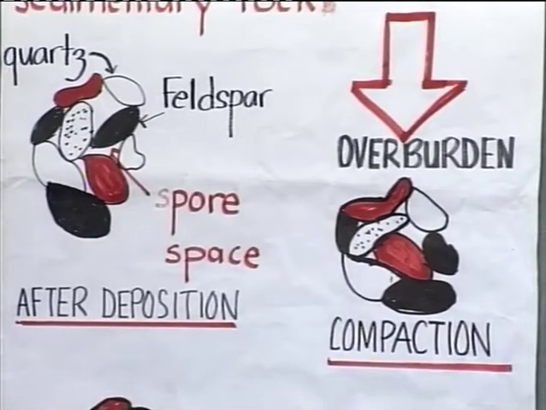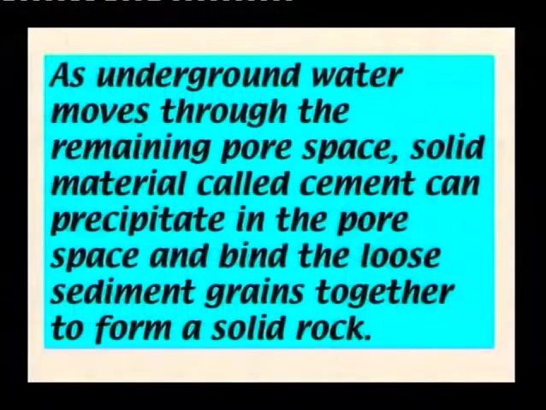Because after compaction, as the underground water moves through the remaining pore spaces, solid material which is called cement can precipitate in the pore space, and it can bind the loose sediment grains together to form a solid rock. And that's where we have a sedimentary rock being formed.